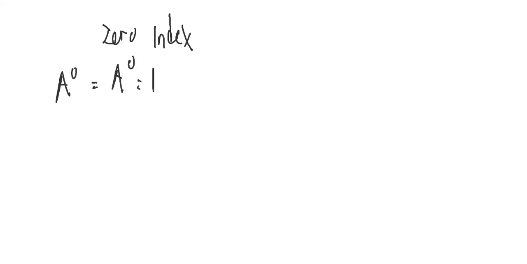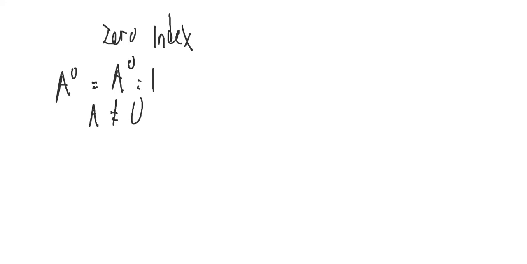The next rule I would like to introduce here is what we call the zero index. When we have a number or an expression or a variable raised to the power of 0, for instance, a raised to power 0, that will equal 1. It is important to note that a in this case cannot be 0, so 0 raised to power 0 does not apply.